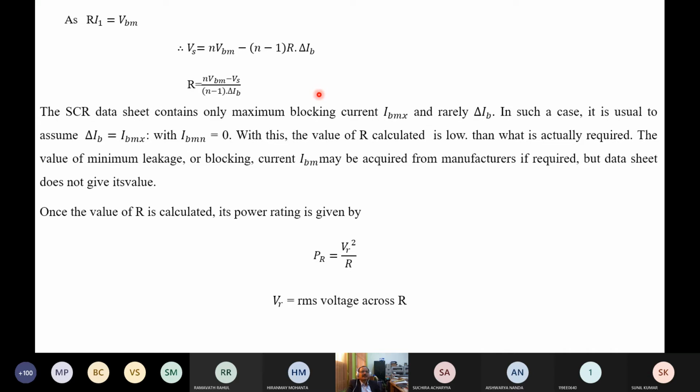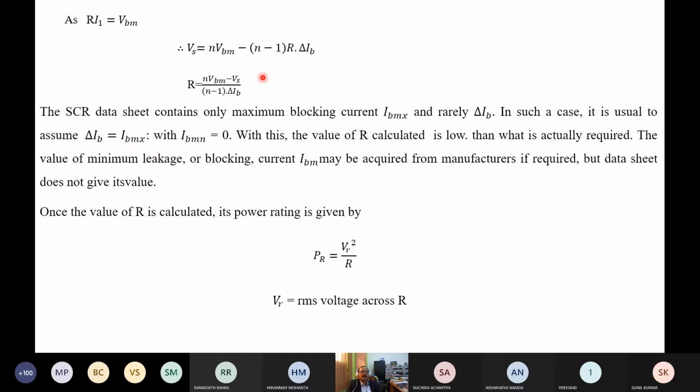The SCR datasheet contains only the maximum blocking current, not the minimum, and rarely delta IB. In such a case, it is the usual practice to assume delta IB is equal to IB max, with IB min equal to 0. With this, the value of R calculated is somewhat more conservative than what is actually required.